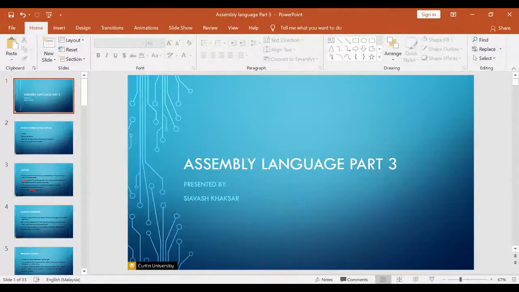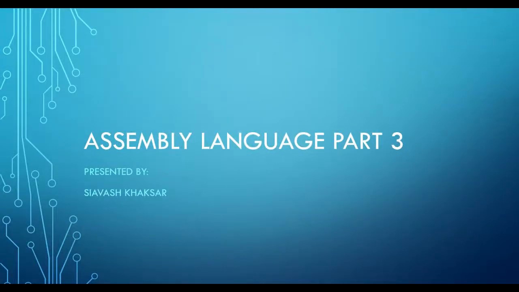Okay. We've actually come to the final part of the assembly language series. We have 3 lectures. The first lecture is basically an introduction about what is assembly language. Why we need assembly language is because of the optimization.